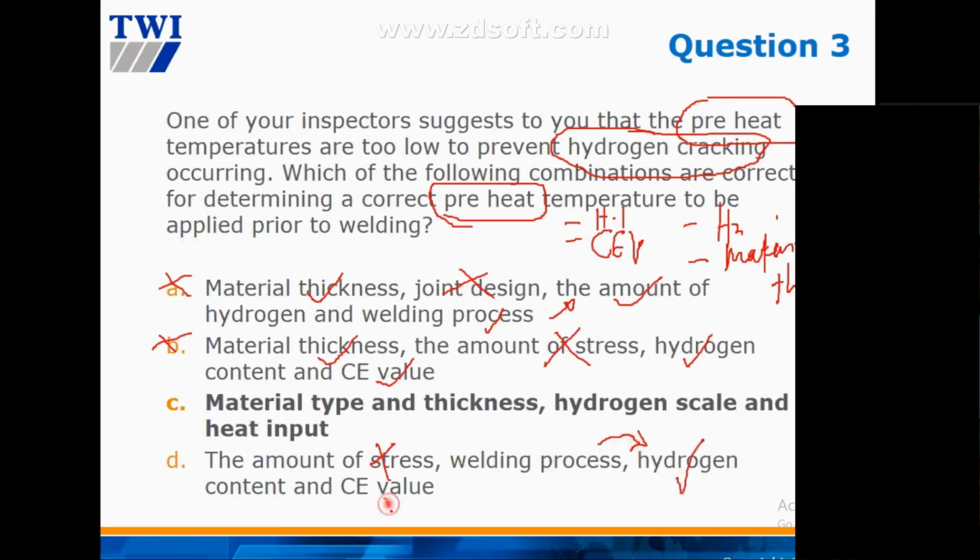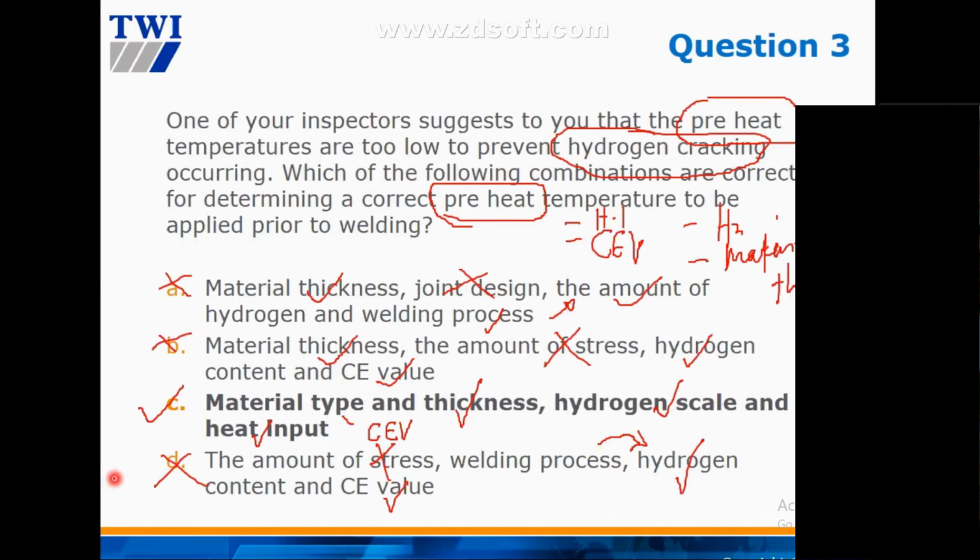Carbon equivalent value, yes. So the best answer is C, right? Material type, meaning it refers to carbon equivalent, thickness, yes. Hydrogen, yes. And heat input, yes. All right, so the answer goes to C for question number 3. Agree with that? Agree.